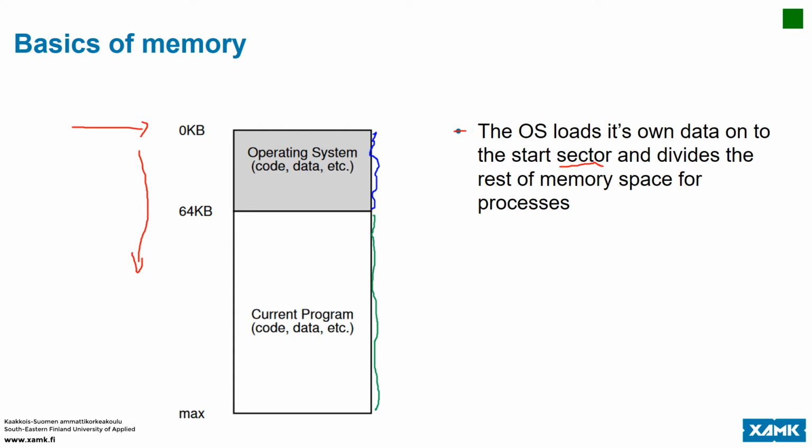And like discussed, we would ideally want to have some segment of the memory here reserved for the operating system, and then the rest of the memory for whatever program is currently being executed.